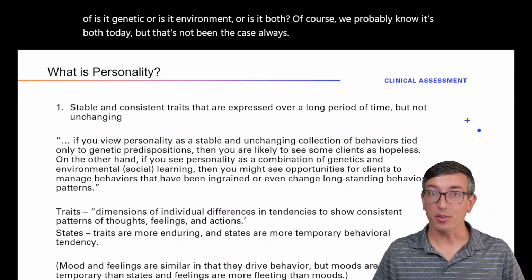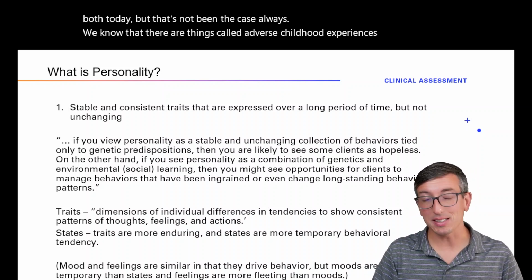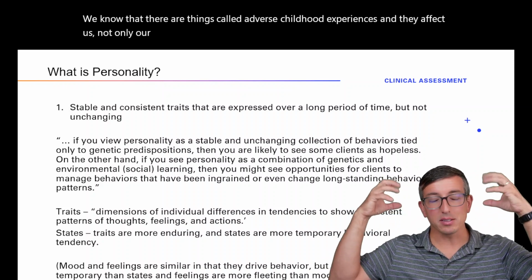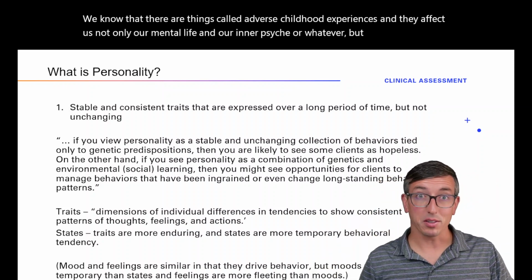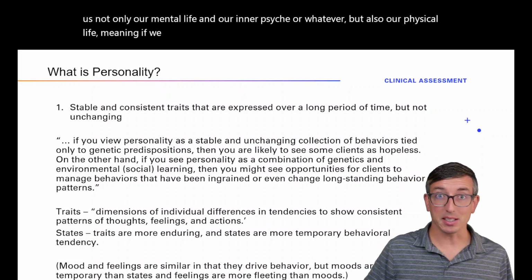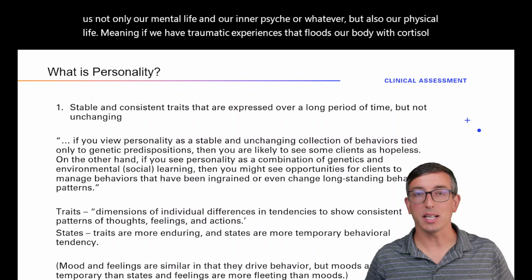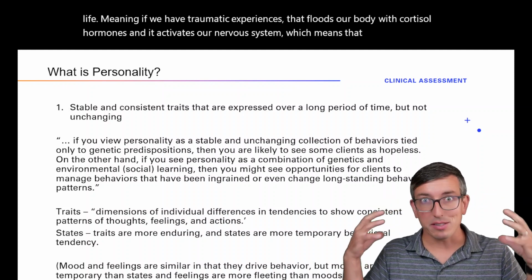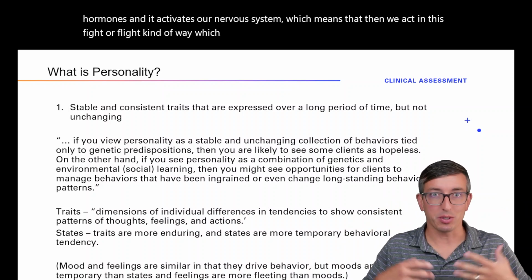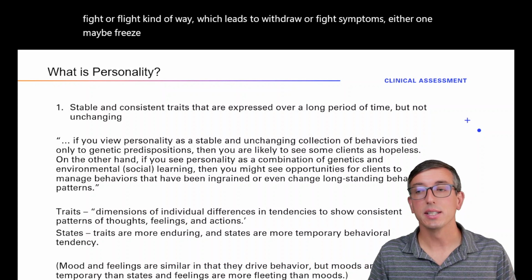We know that there are things called adverse childhood experiences, and they affect us, not only our mental life and our inner psyche, but also our physical life, meaning if we have traumatic experiences, that floods our body with cortisol hormones, and it activates our nervous system, which means that we act in this fight or flight kind of way, which leads to withdraw or fight symptoms, either one, maybe freeze too, who knows.